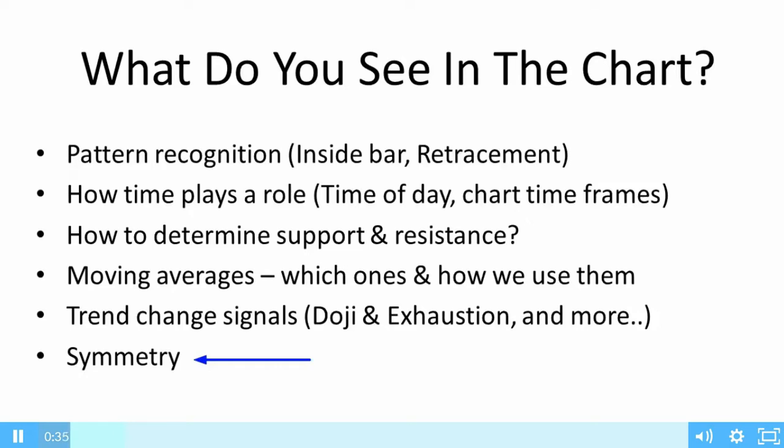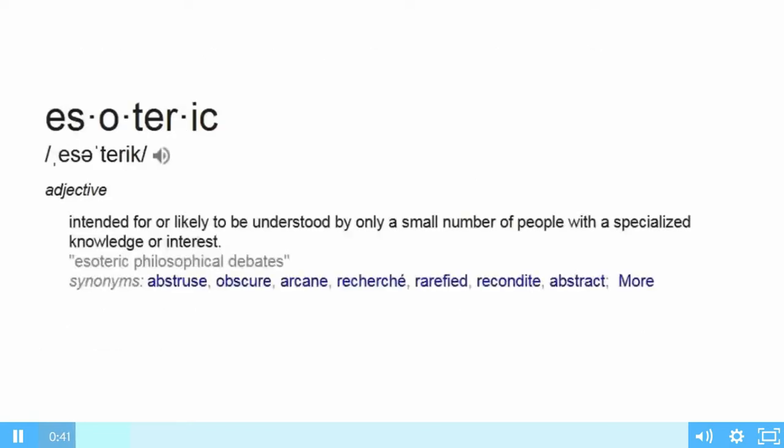Now, market symmetry is certainly one of the more esoteric items that we're going to discuss in this course. I think the word esoteric is completely apropos, intended for or likely to be understood by only a small number of people with a specialized knowledge or interest.